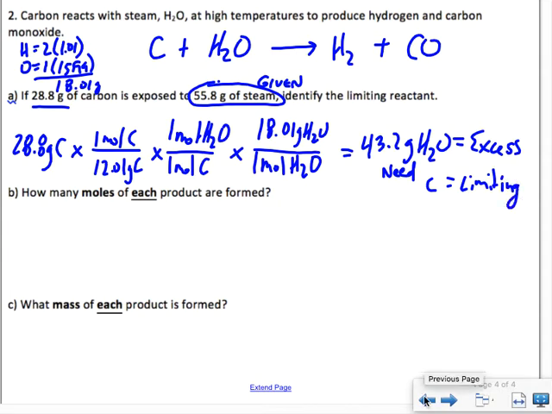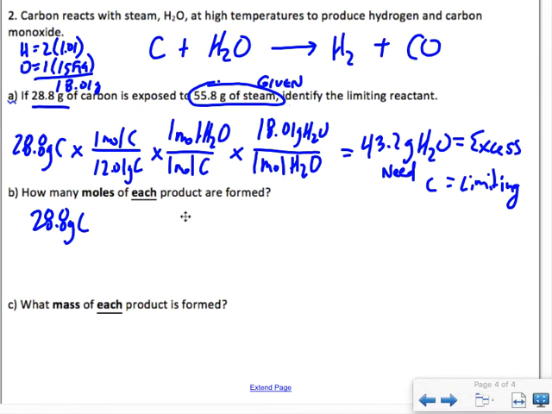How many moles of each product are formed? Whenever you want to figure out the actual product, you have to use your limiting reactant, because it limits how much you can make. So I have to start with carbon, 28.8 grams of carbon, and I want to get to each product.